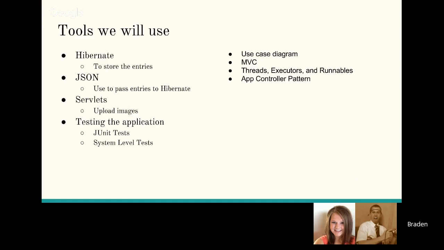As Braden described, we're going to need to make all these things work. It's going to require a little bit of everything, but in essence, Hibernate's going to be probably our main tool that keeps all the functionality and keeps it all together, because Hibernate's going to be used to order the database and keep all of our journal entries in order and keep the dates and times and all the information straight.